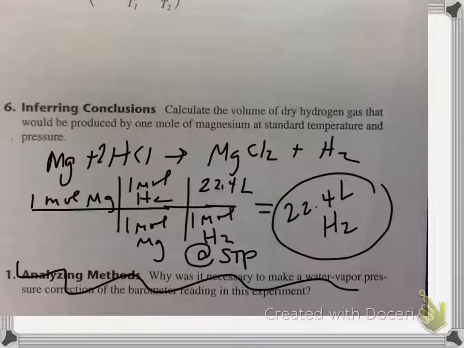Yeah, you could, because you've adjusted your volume down to STP. There are techniques for figuring out how many moles of hydrogen gas you produced at the conditions we had in the lab, but you don't know that yet. So now that you've got it adjusted to STP, you could very easily figure out how many moles of hydrogen gas you produced.